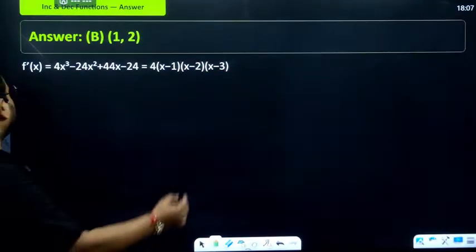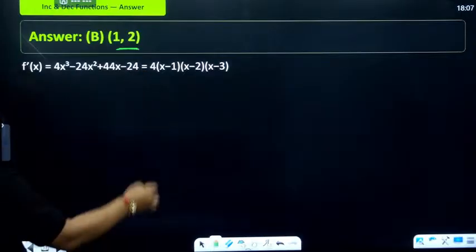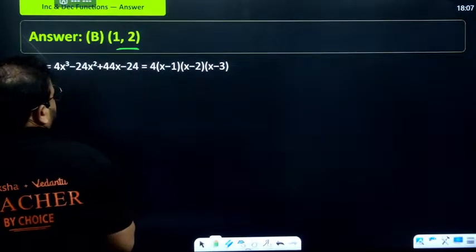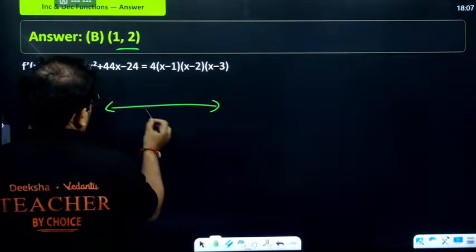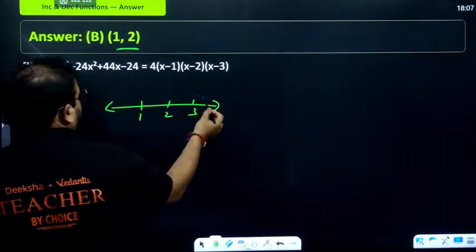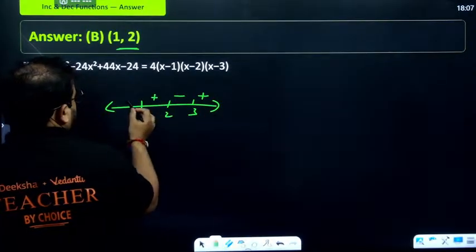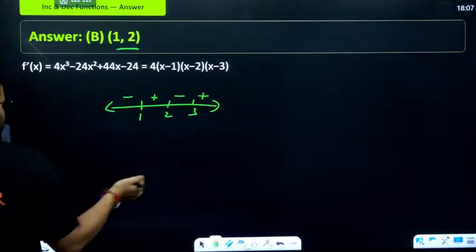Yeah. Factors are clear. 1 to 2. How's that? This is wrong. Decreasing, right? So we'll have the coefficients as 1, 2, 3. So we have plus, minus, plus, minus. I want to find out decreasing, right?